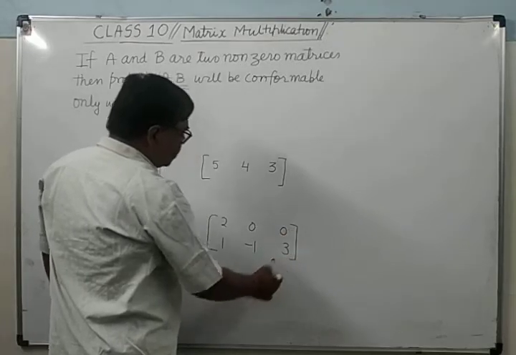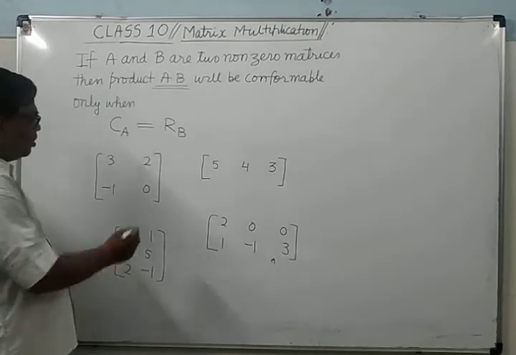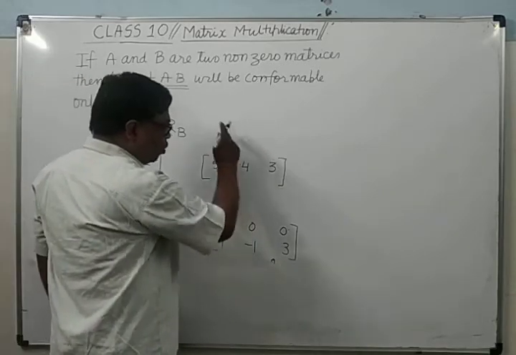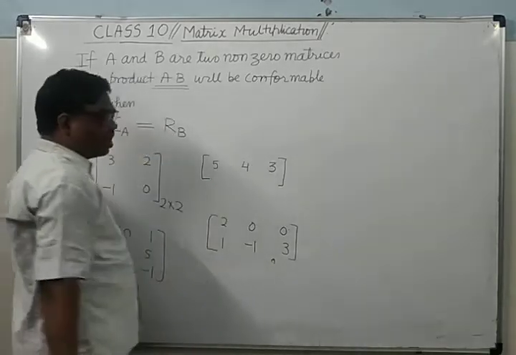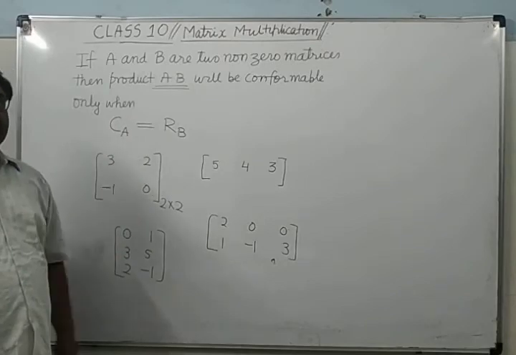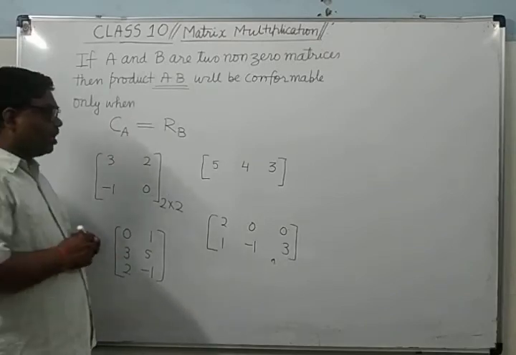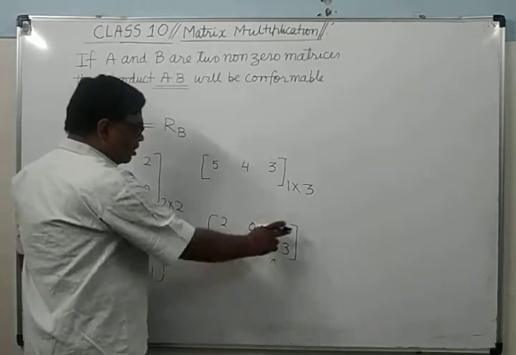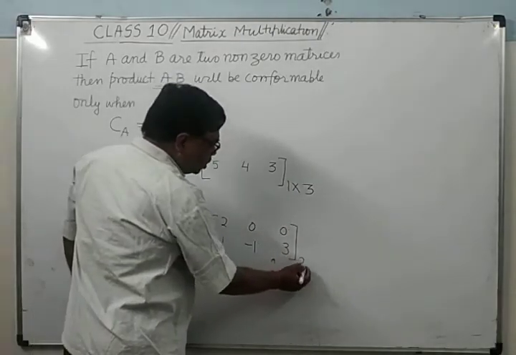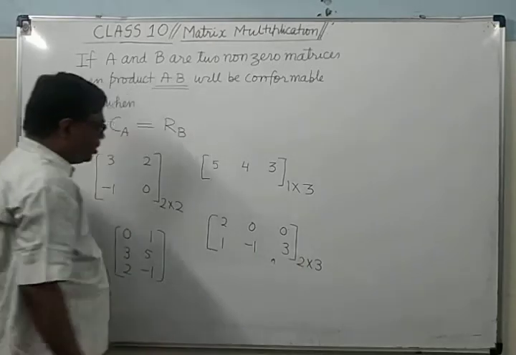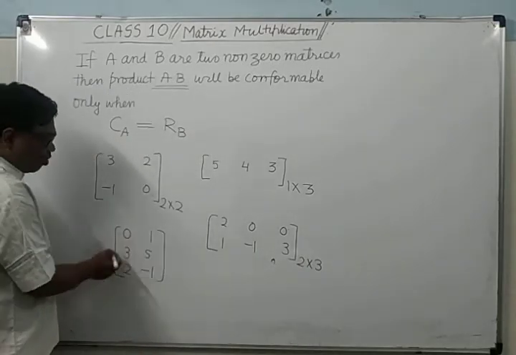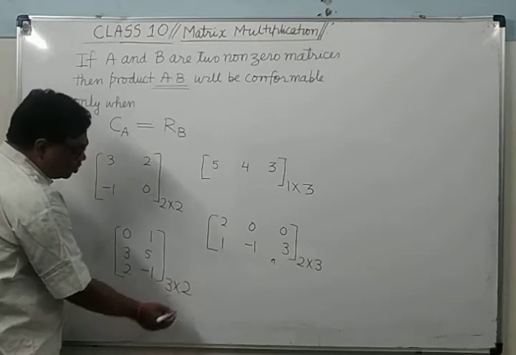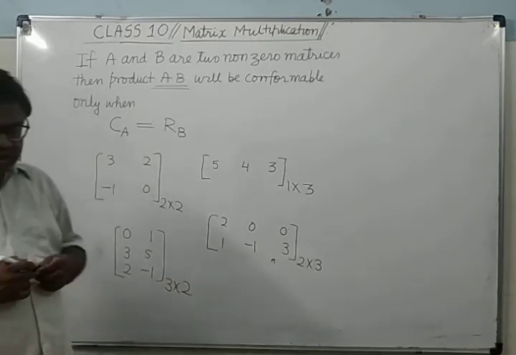What is its order? 2 cross 2. Here there is one row and 3 columns, and always the row comes first, so 1 cross 3. Here there are 2 rows and 3 columns: 2 cross 3. Here there are 3 rows and 2 columns: 3 cross 2.